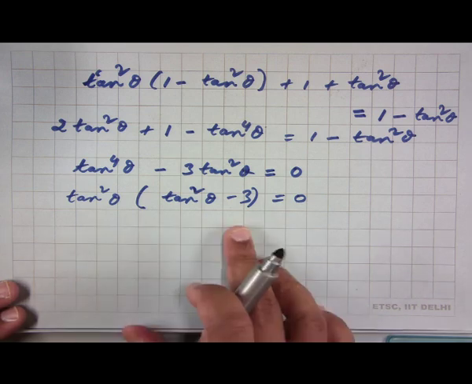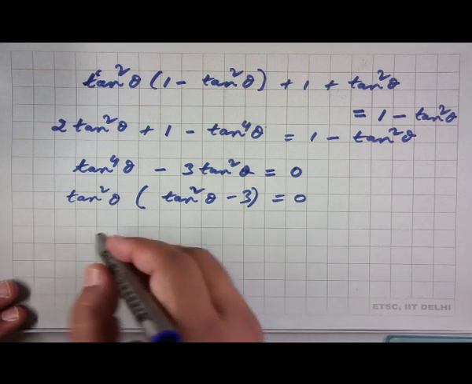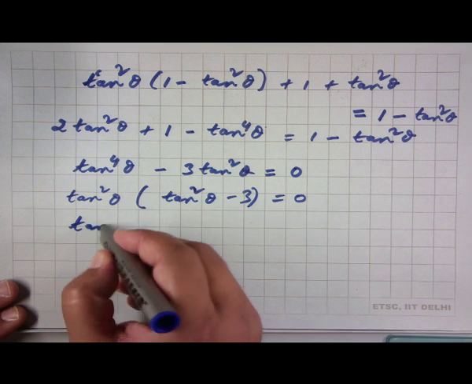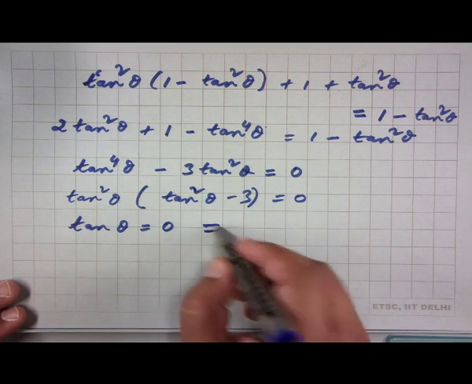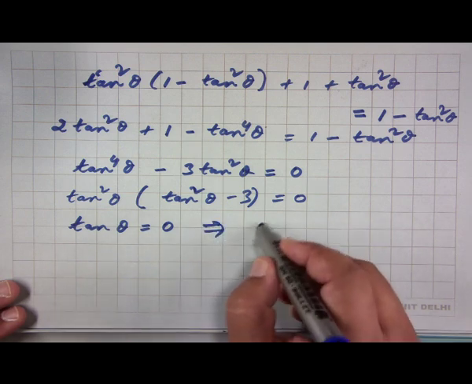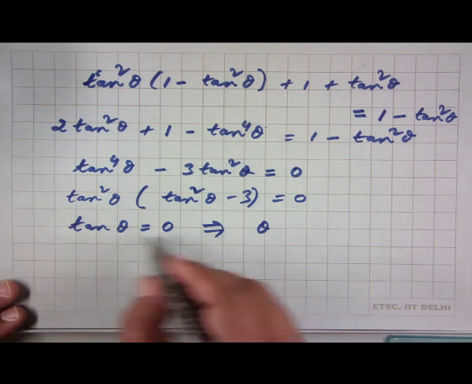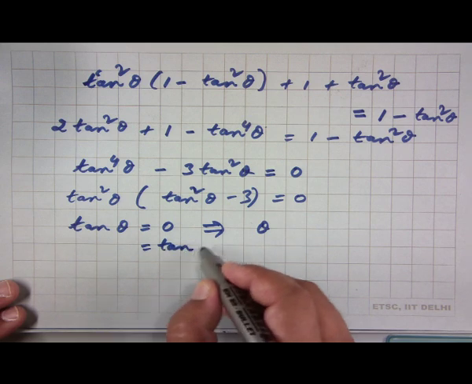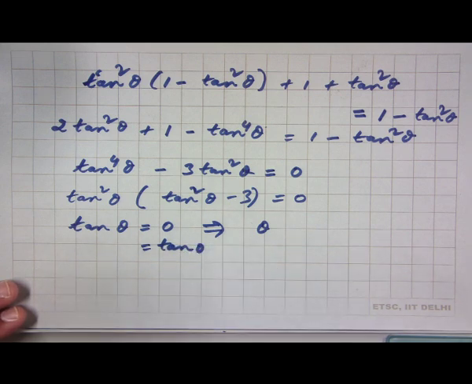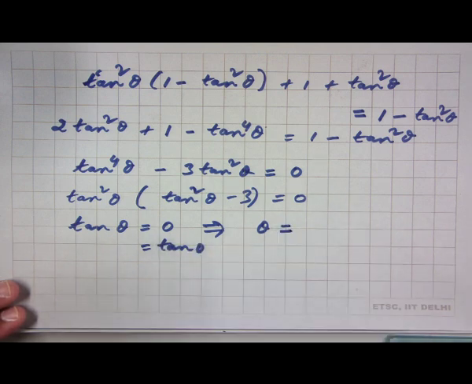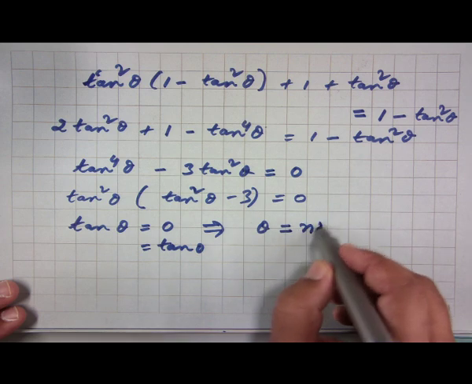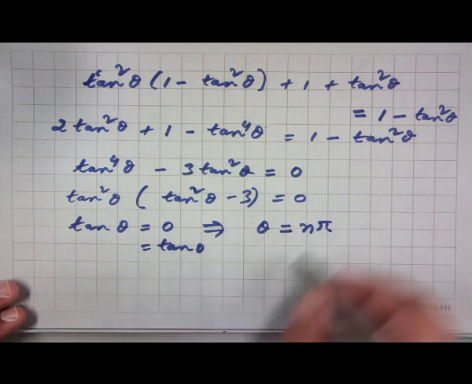For this to happen, either we should have tan theta equal to 0. Tan theta equal to 0 can be written as tan theta equal to tangent of 0, and that implies that theta is of the form n pi for all integers n.